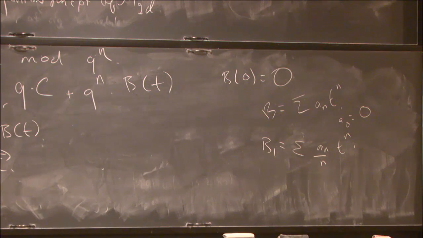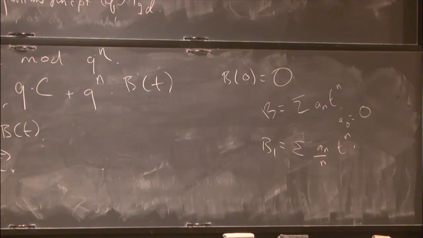OK. So epsilon prime is going to be the identity minus q to the n times b1 of t times epsilon. And now if you do the computation, you see that nabla of d of epsilon prime will equal q times c plus... Let me spare you the computation.